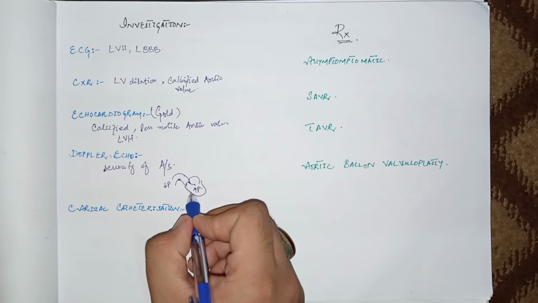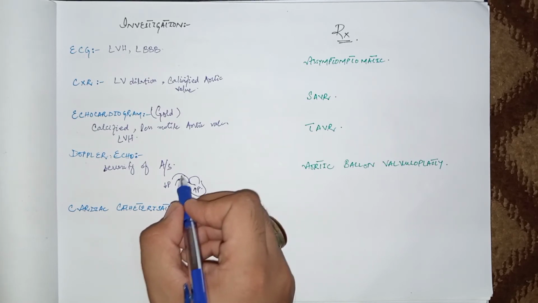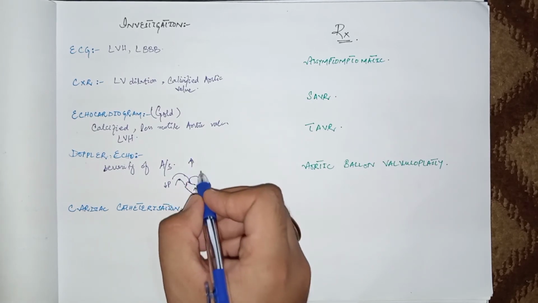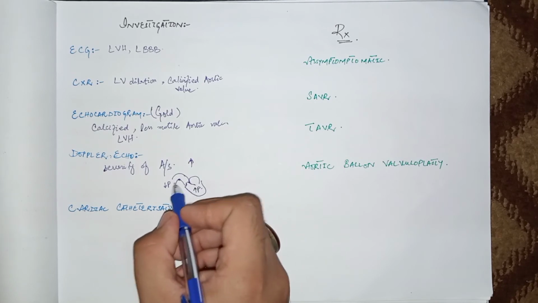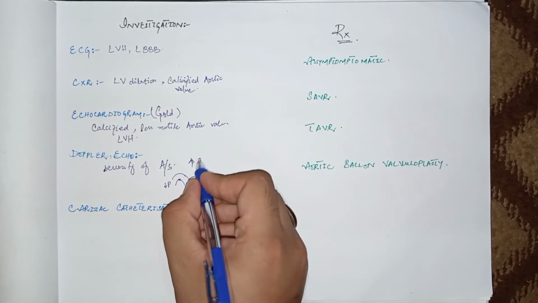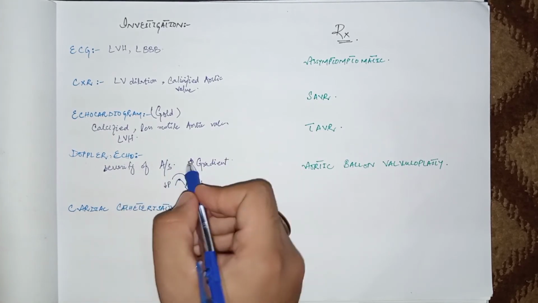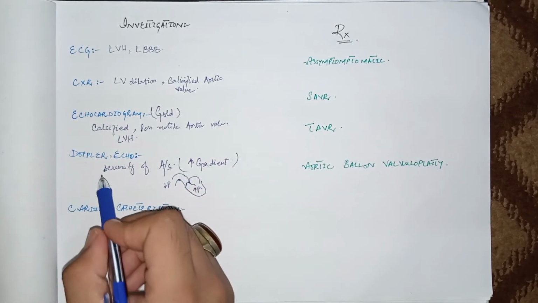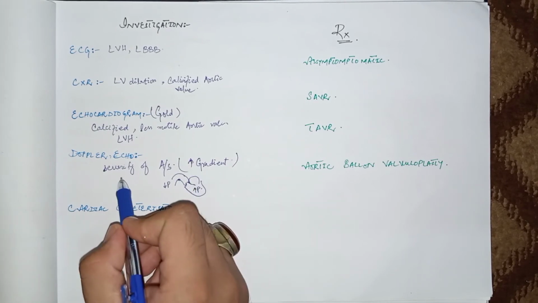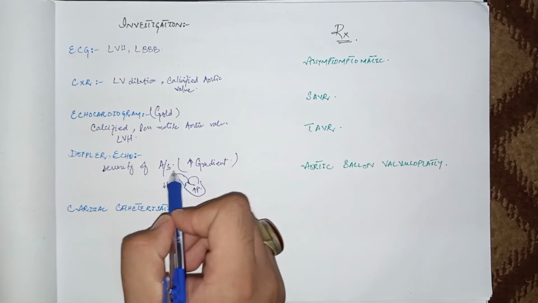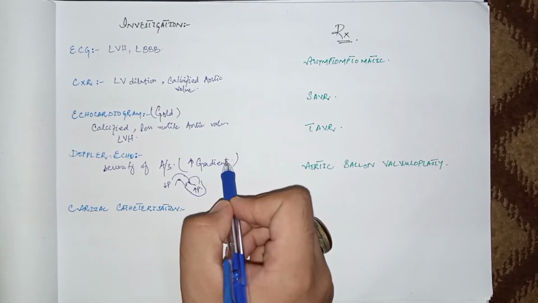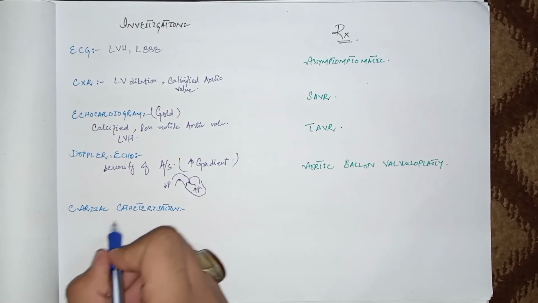Ultimately, the difference between the ventricular and aortic pressure is high. This high gradient is checked by Doppler echocardiogram, and it is used to check the severity of aortic stenosis by this pressure gradient.